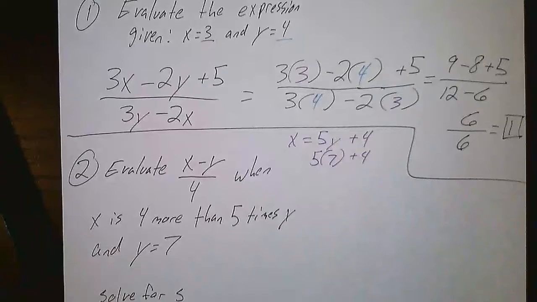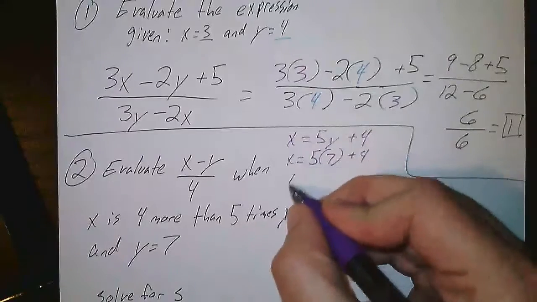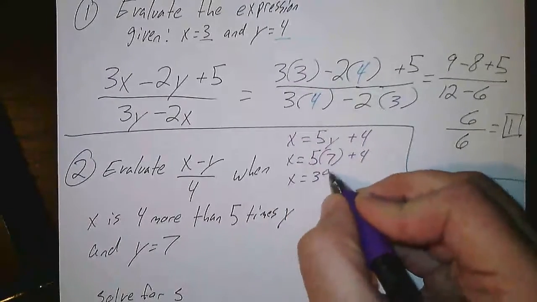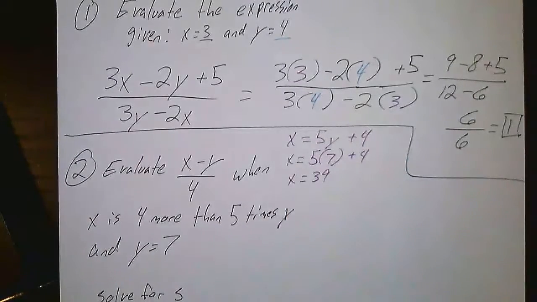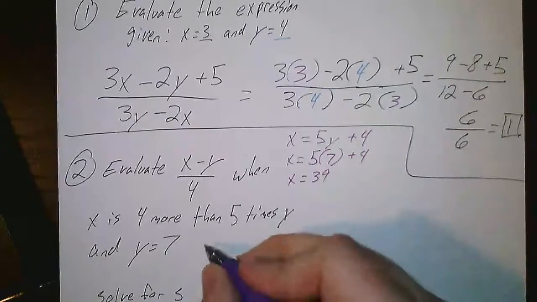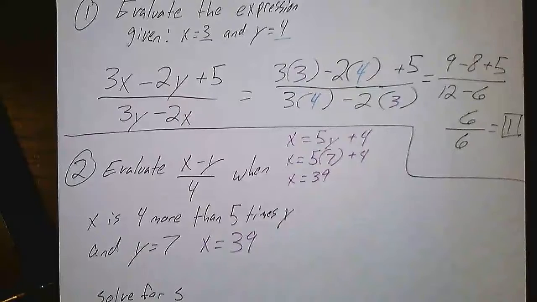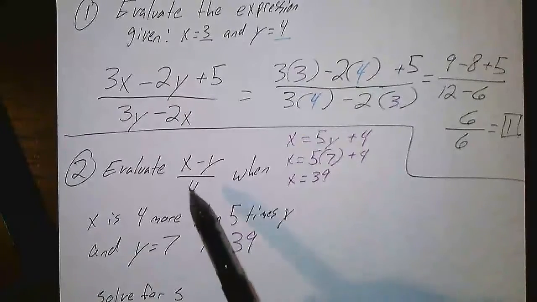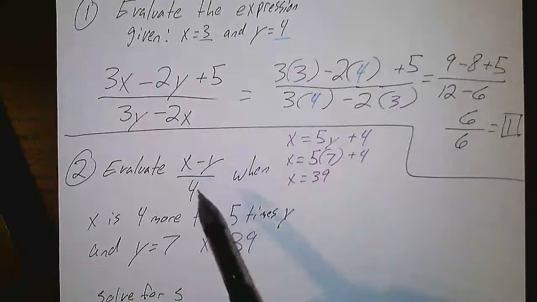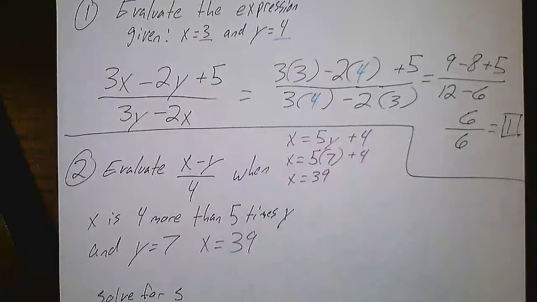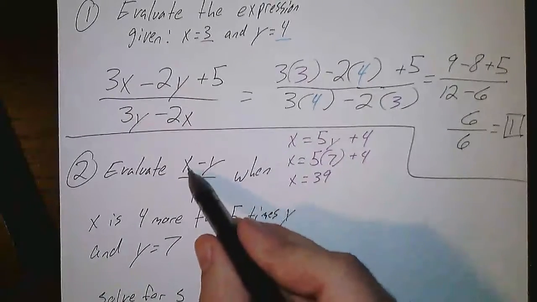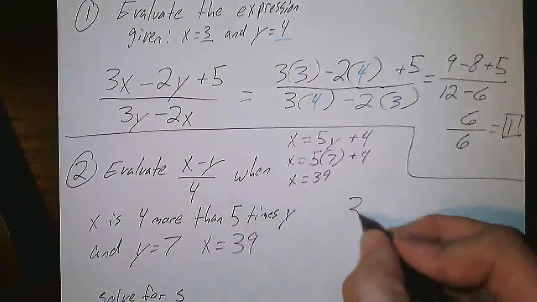5 times 7 is 35, plus 4 is 39. So now I have a value for x and y. Now we are ready to evaluate this expression. I will replace x with 39.